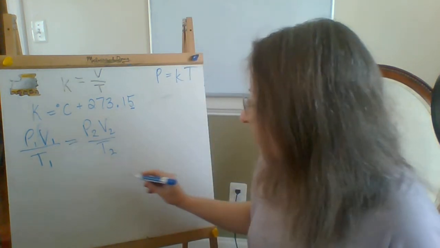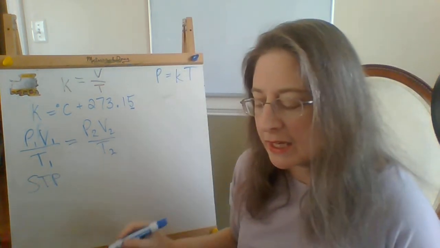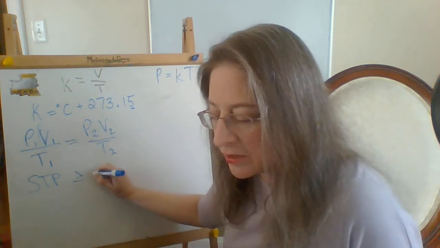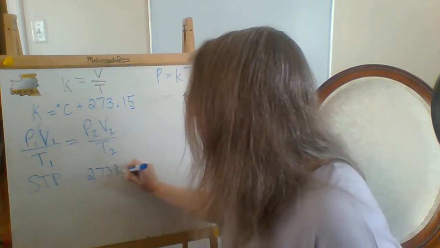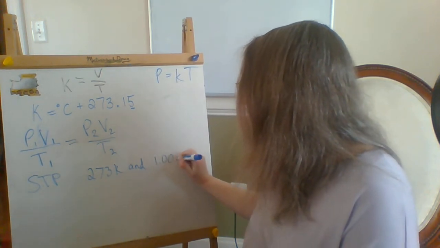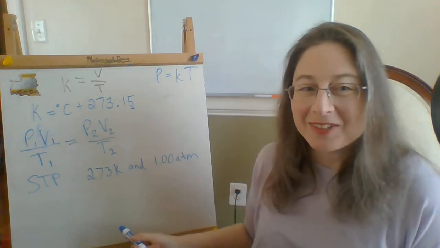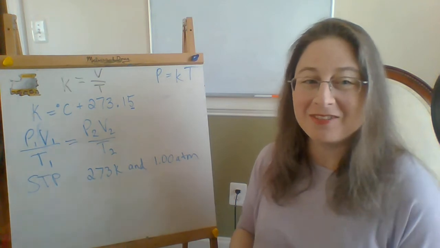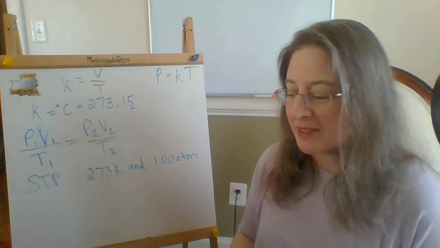Standard temperature and pressure is abbreviated STP, and it is exactly 273 Kelvin and 1 atmosphere. So if I say we're working at standard temperature and pressure today, you want to get your coat, because remember 273 Kelvin is 0 Celsius, and that's not fun. And 1 atmosphere is normal atmospheric conditions.